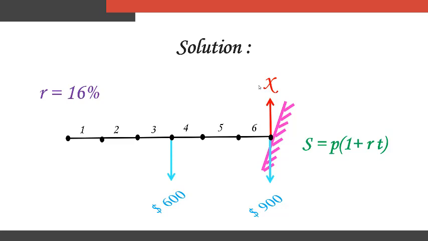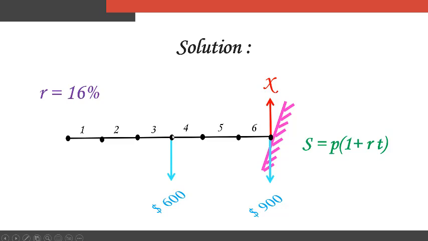The left hand side, old obligations. The right hand side, new obligations. Note that to get the value of $600, we must get it after 6 months. So we will substitute in the formula S equals B times 1 plus rt: for B, $600, for r, 16%, and for t, 3 months.